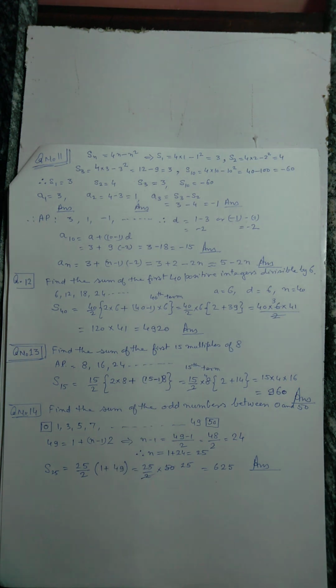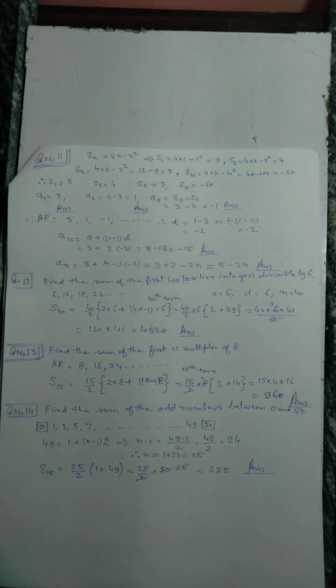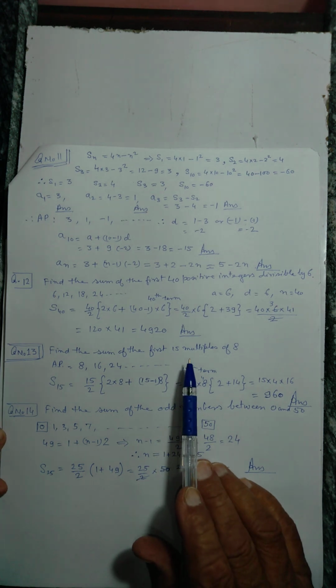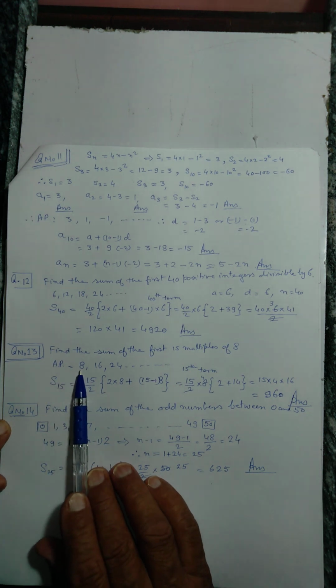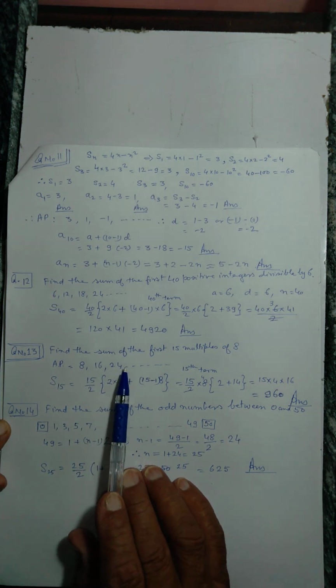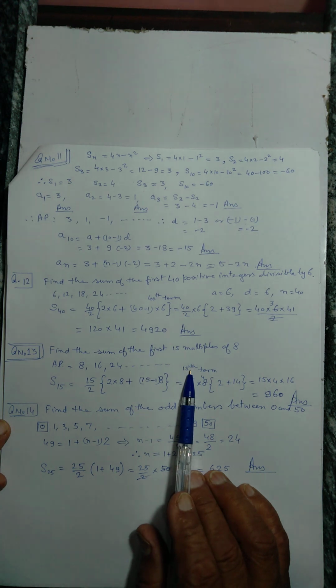Now question number 13 states that find the sum of the first 15 multiples of 8. We have to find the sum of 15 multiples of 8. So our AP will be like this: 8, 16, 24 and so on up to the 15th term.